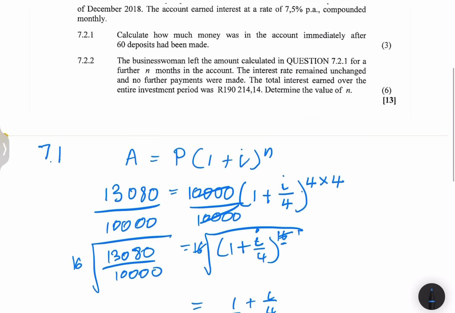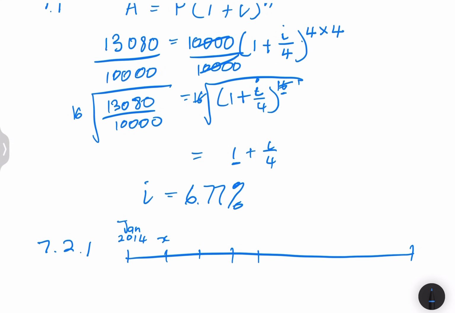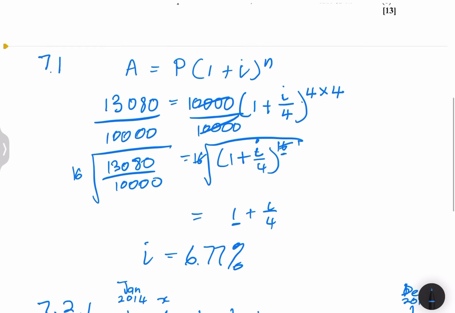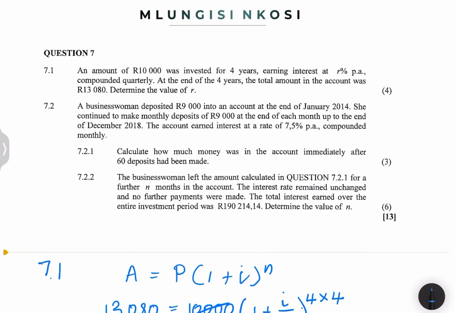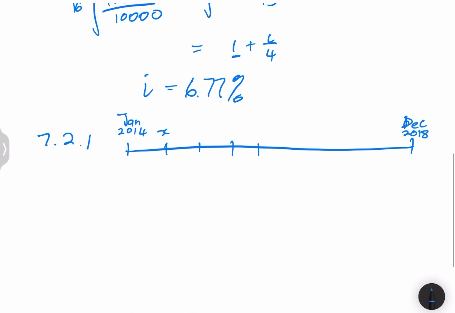Okay. Right up until December, in this case December in 2018. And of course, they made it easier for us by telling us that that's going to be 60 deposits, right? So we know that we're just going to go straight forward into that.